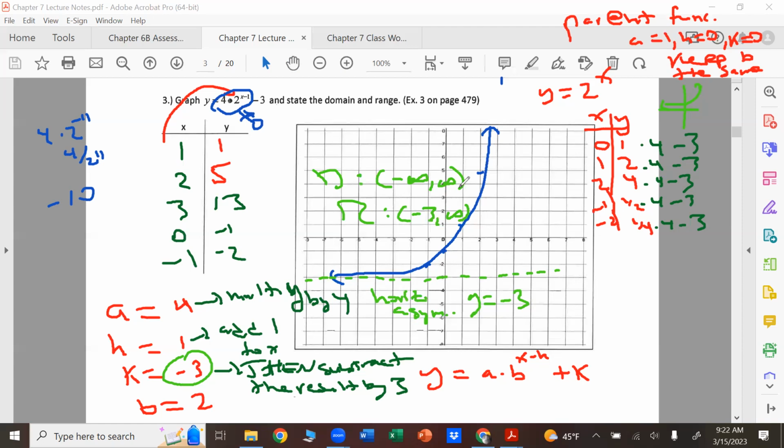Take that out of your head. After spring break, when we do the second half of chapter 7, the domain won't be all real, and you'll see why in about 3 weeks. But for exponential functions, the domain's all real for chapter 7a, and the range will change. So questions on this one before I move on to our last example?